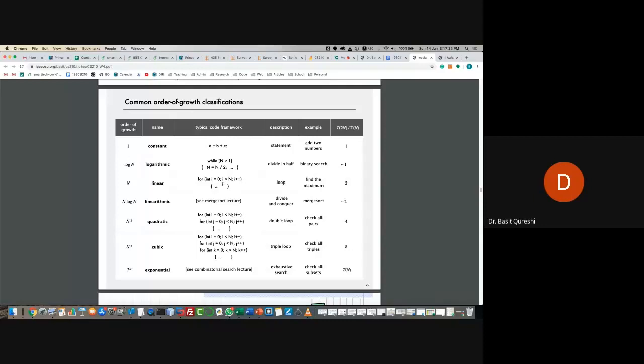If this is a simple loop which goes from 1 to n or 0 to n, with an increment function of +1 or -1, then the runtime would be linear.